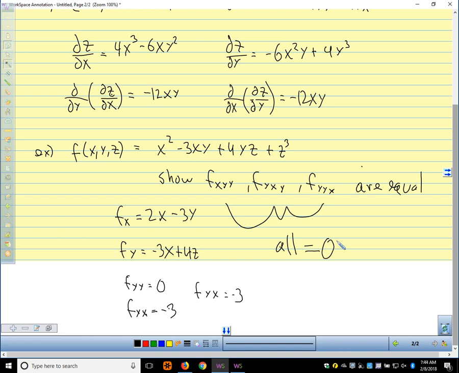And all the other mixed partials that involve the z terms would turn out to be 0 as well. So with the mixed partials, there's really not a lot new. Yes? I don't think every single triple partial is equal, because f of z, z, z. Sorry, that's not a mix. That's a pure partial. Yeah, the third mixed partials are equal, if we're mixing the variables in some way.